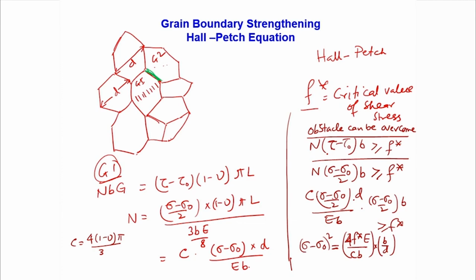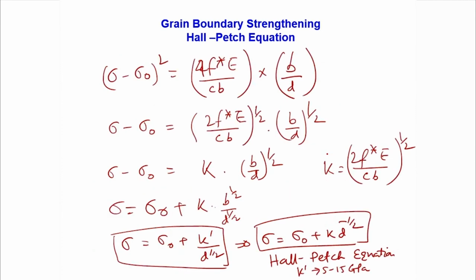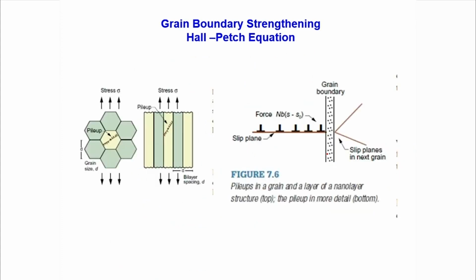Then we can do a mathematical analysis and find that sigma is equal to sigma 0 plus k star divided by d to the power half, and that is the classical Hall-Petch equation, in which k star is a coefficient which can have a value between 5 to 15 GPa, and sigma 0 is a constant. Here sigma is the yield strength. So you can see the yield strength is directly proportional to d to the power minus half, or inversely proportional to root d.